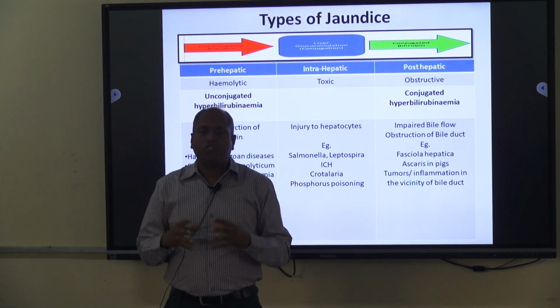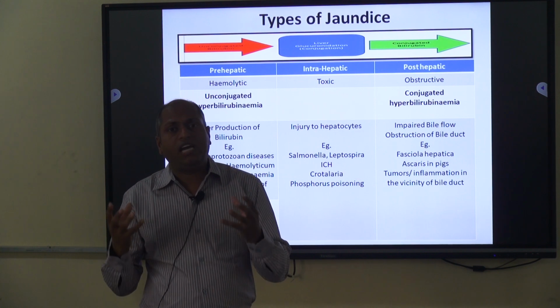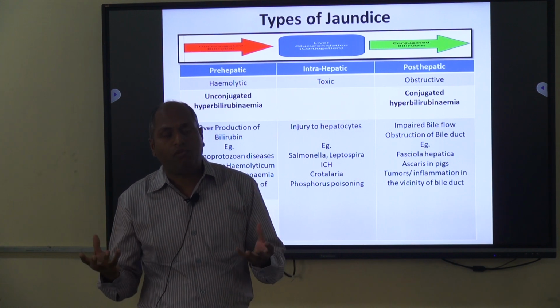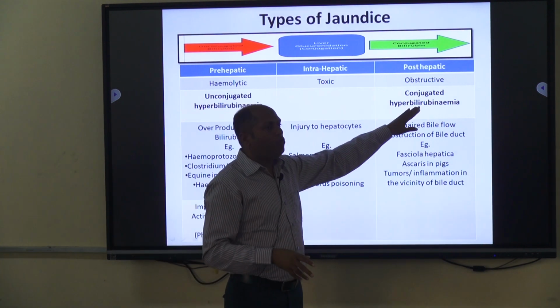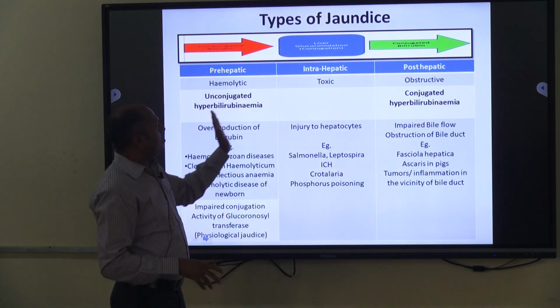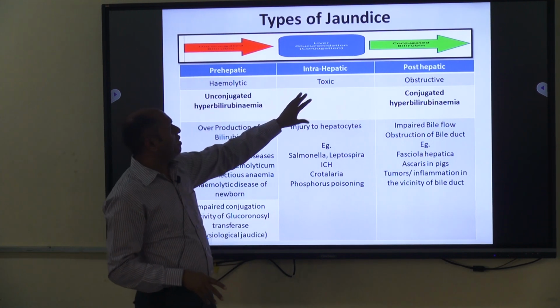One more example is gallstones, which are very common. They can also cause obstruction to bile flow, and again there will be an increase in conjugated bilirubin. So these are the three different types: pre-hepatic, hepatic and post-hepatic.